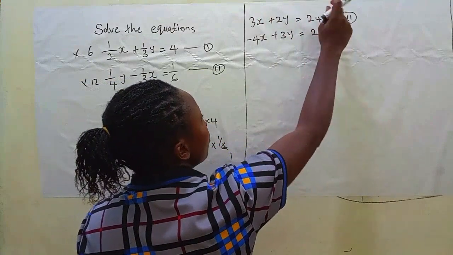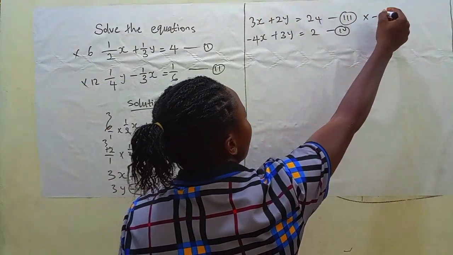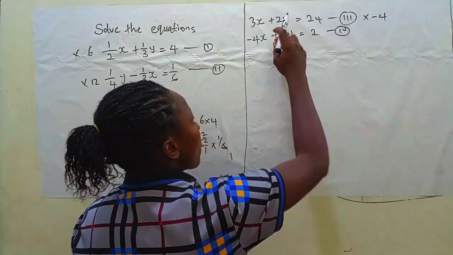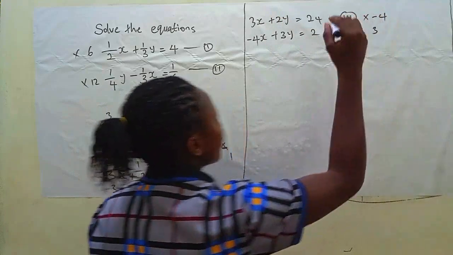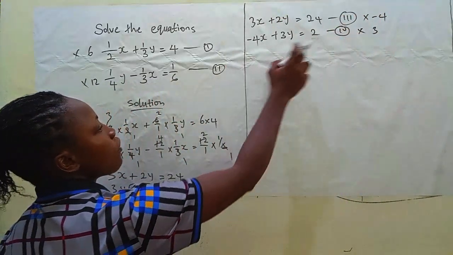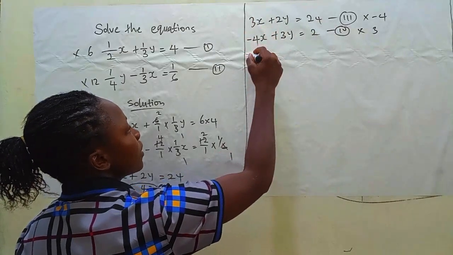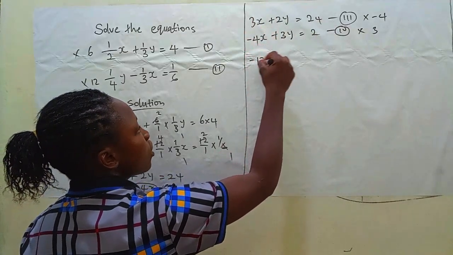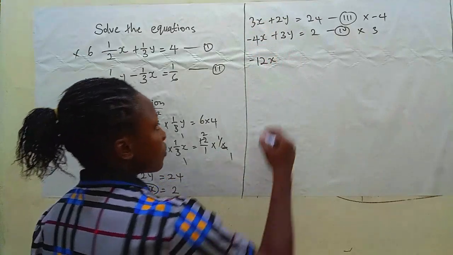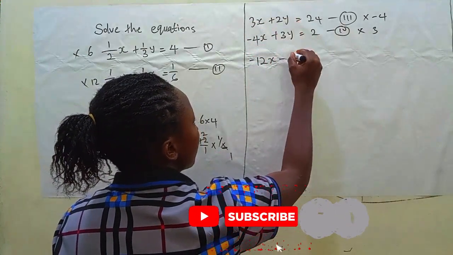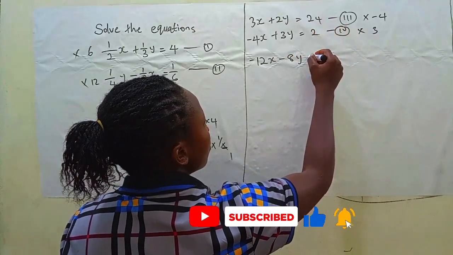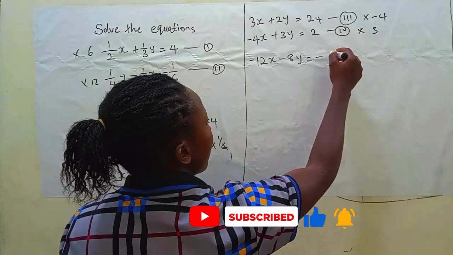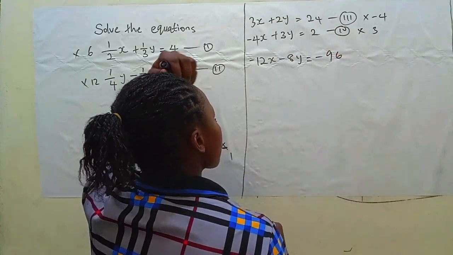We multiply this equation by minus 4 and this one by 3. Minus 4 times 3x gives minus 12x, minus 8y, and equals minus 96.